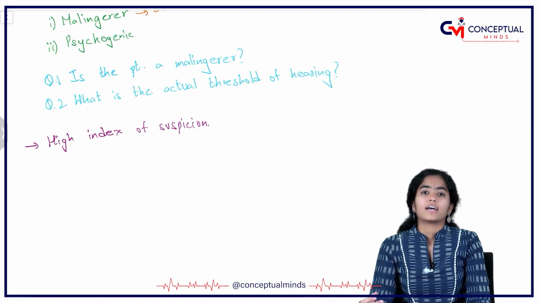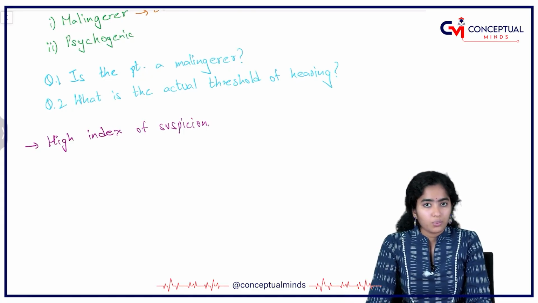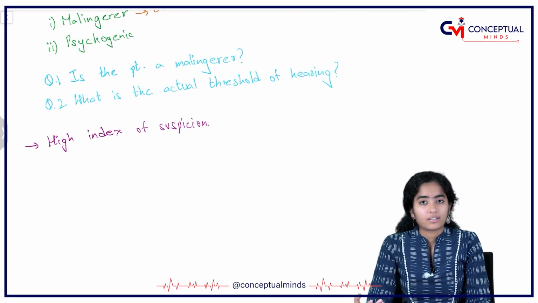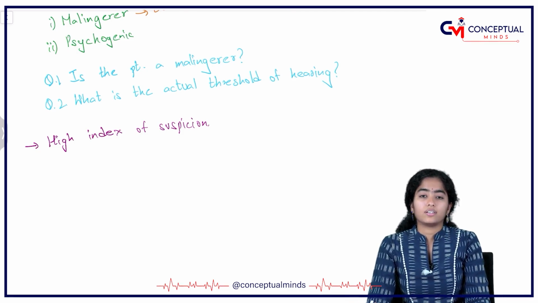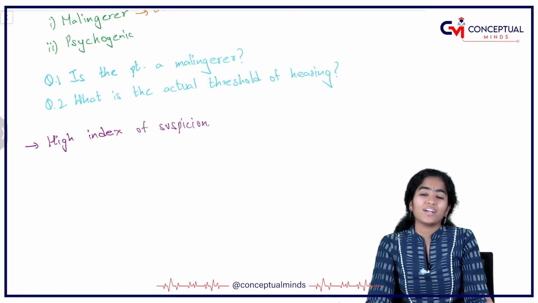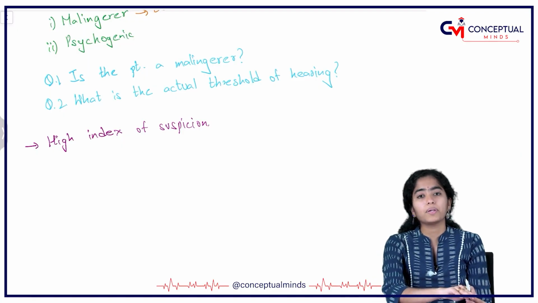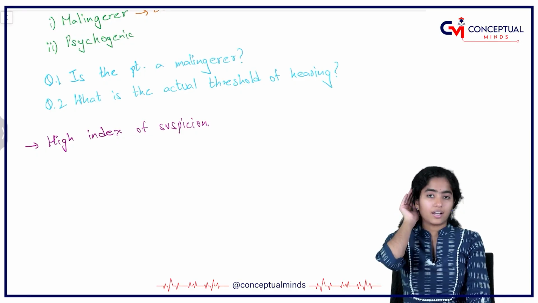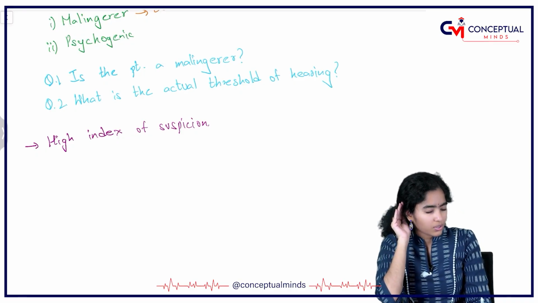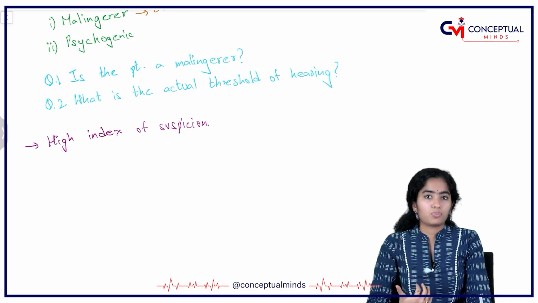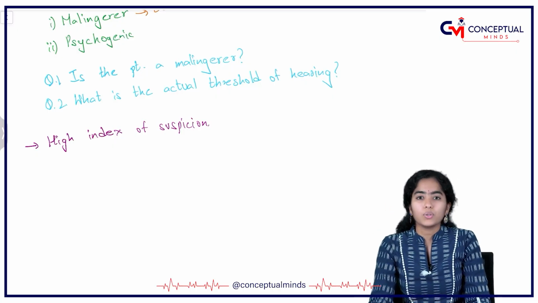And second, they try their best to convince you that he or she is deaf by repeatedly asking you to repeat. They say, sorry, I cannot hear, could you repeat? And they appear as if they are trying their best to hear, and in spite of that, they are unable to hear. For example, I've seen patients who put their hand behind the ear, they cup the ear, and close their eyes as if they're trying their best to grasp what you're saying, but still they are unable to hear.